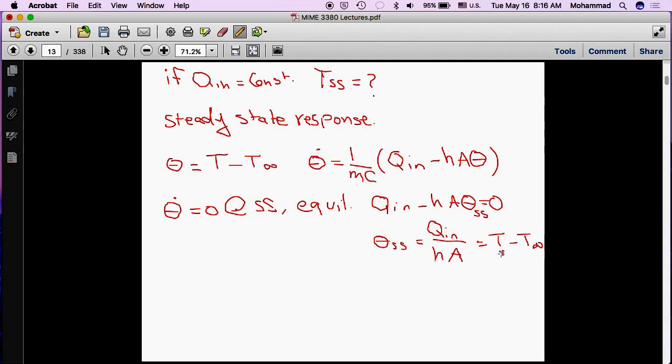So this temperature is going to be a steady state temperature. The temperature of inside in steady state minus the temperature of outside is going to be Qn over hA. So when you look at this equation, what lessons can you quickly draw? Observation number 1.